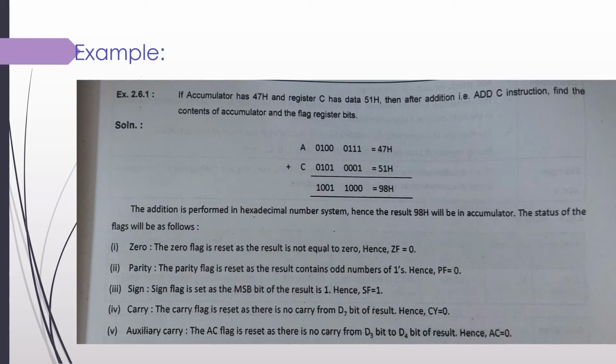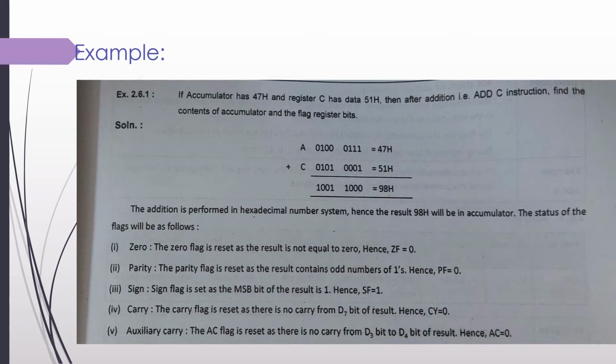Depending upon the operation and the result that is reflected in the accumulator, the different flags are getting modified here. With respect to this instruction, the addition of A with the C register, you can see the result is not 0, the result is 98. So the zero flag is not set, it is reset. So the Z flag is 0.